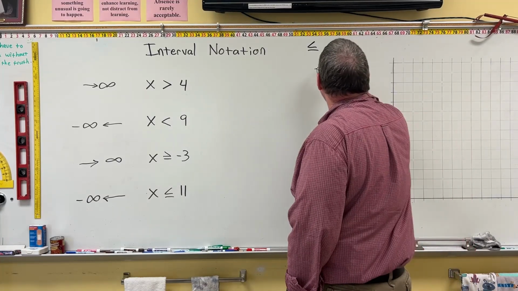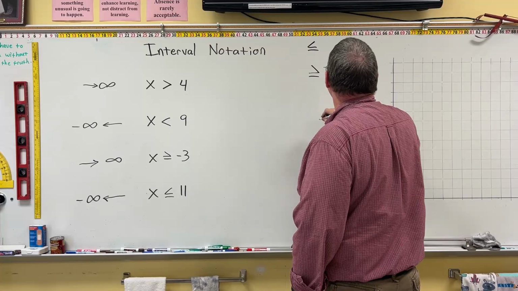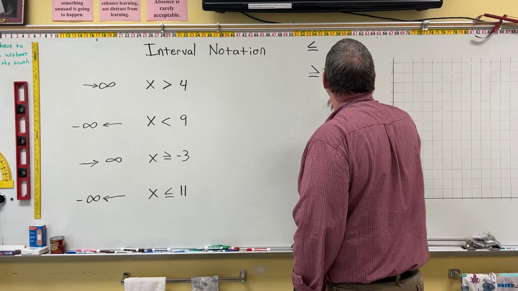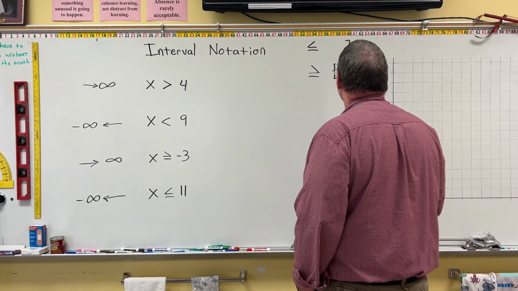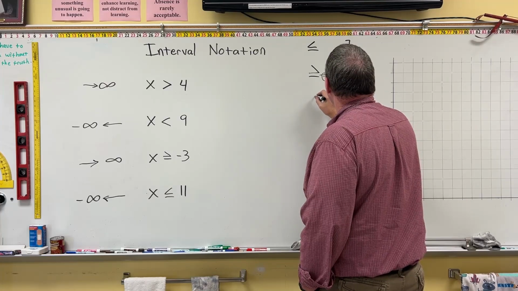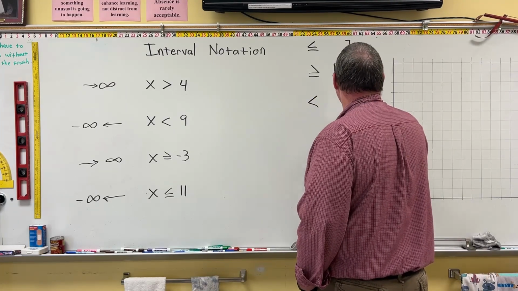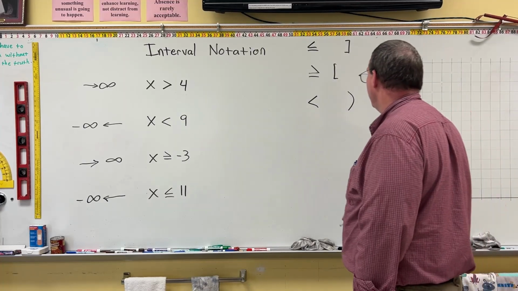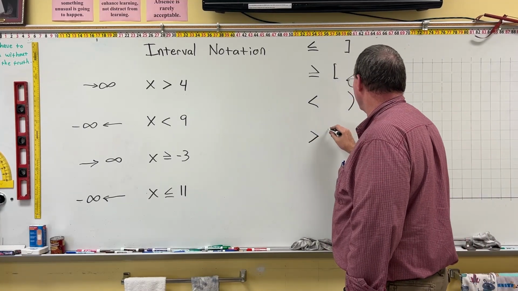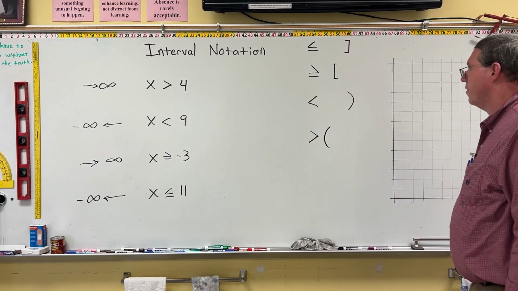If we have a greater than or equal to, we're going to use the left bracket. If we have a less than, we're going to use a parenthesis on the right. And if we have a greater than, we're going to use a parenthesis on the left.